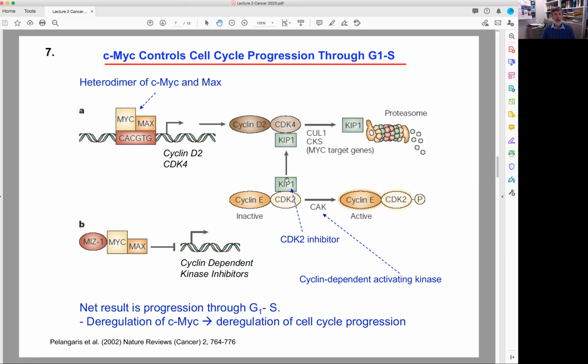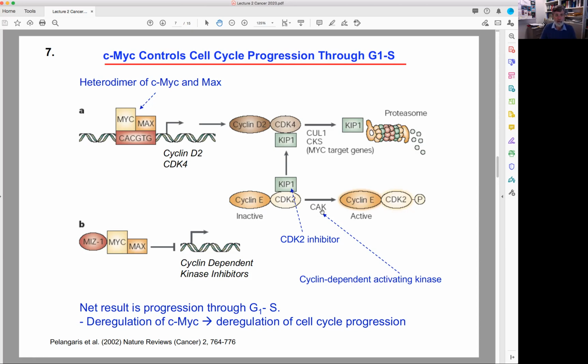KIP1 would otherwise bind to cyclin E CDK2 complex and act as an inhibitor of this complex. So the complex is not active in the presence of KIP1. But when the cells are expressing lots of cyclin D2 and CDK4, then the KIP1 is now binding to the CDK4 cyclin D2 complex and being targeted for degradation, so that you don't have the KIP1 protein inhibiting the cyclin E CDK2 complex, enabling the complex to be phosphorylated by this CAK.